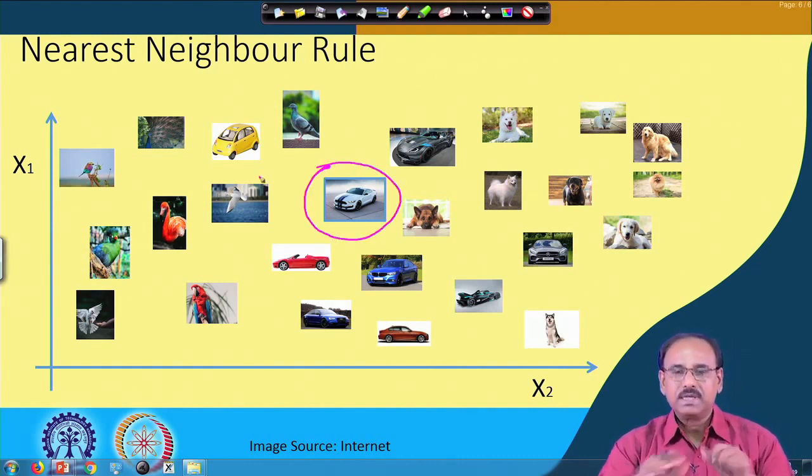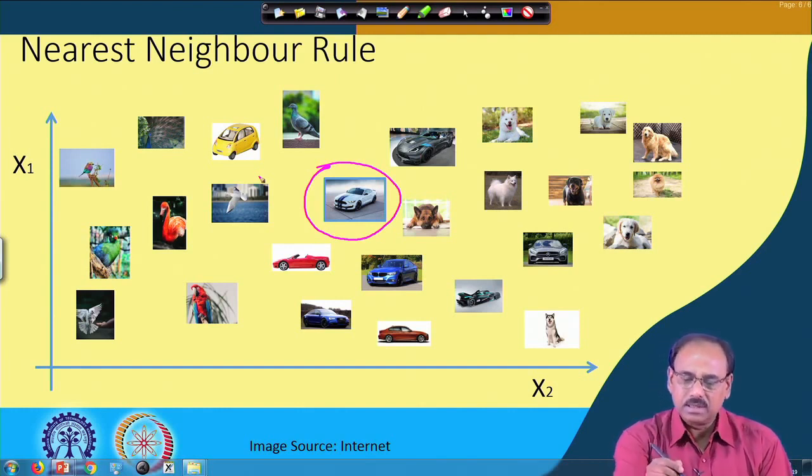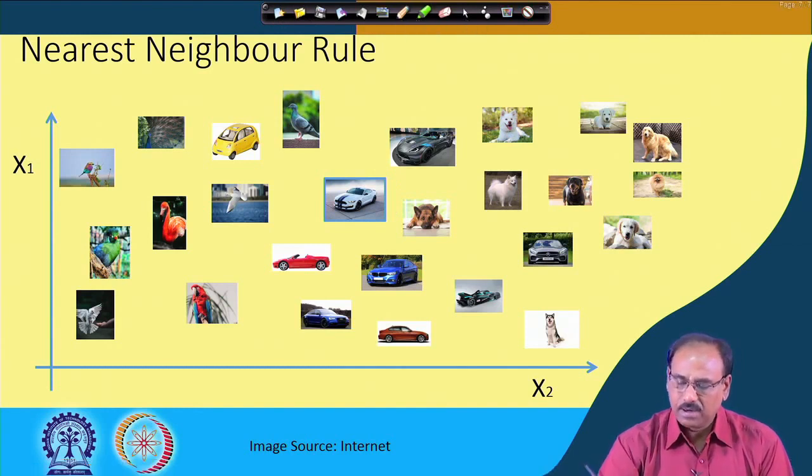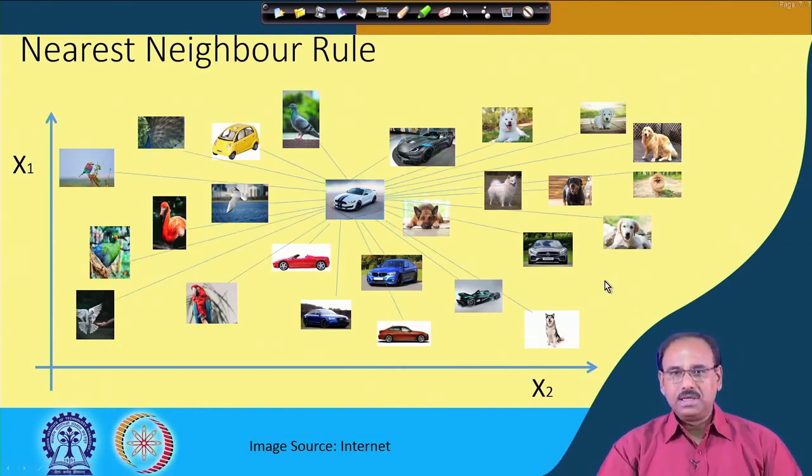All those previous images that we had are the training images using which I have to classify this unknown image. So, one of the approaches in which this image can be classified is, I simply take the distance of this unknown image, or the vector representing this unknown image, from all other images which are known.